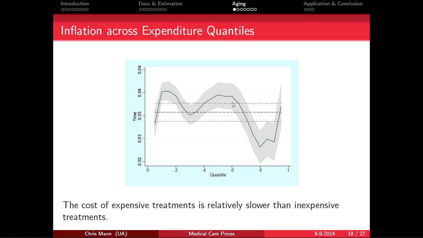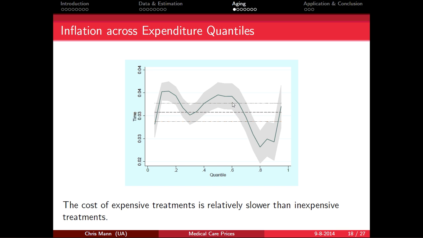So for treatments that aren't very expensive, which is 60-70% of the treatments out there, the inflation rate's pretty high, almost 4%.